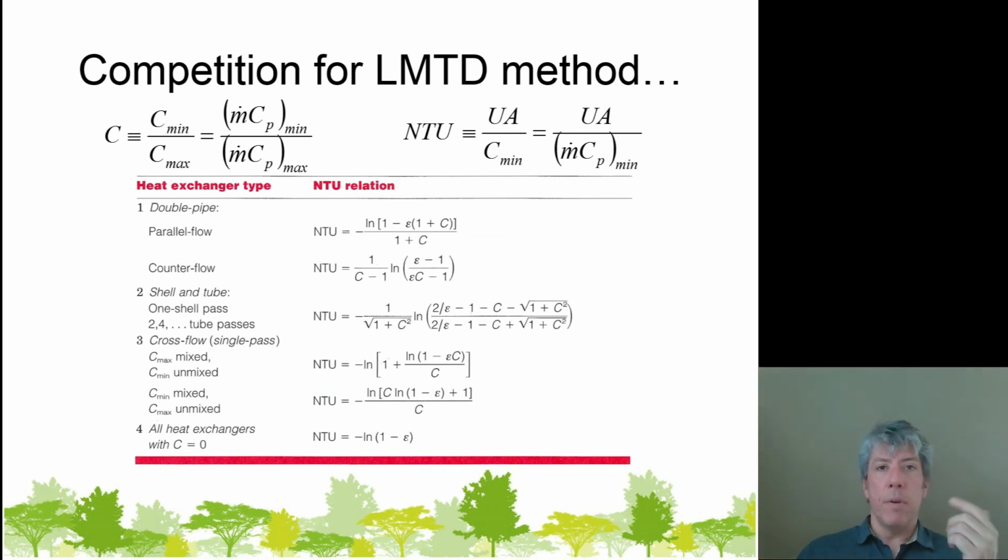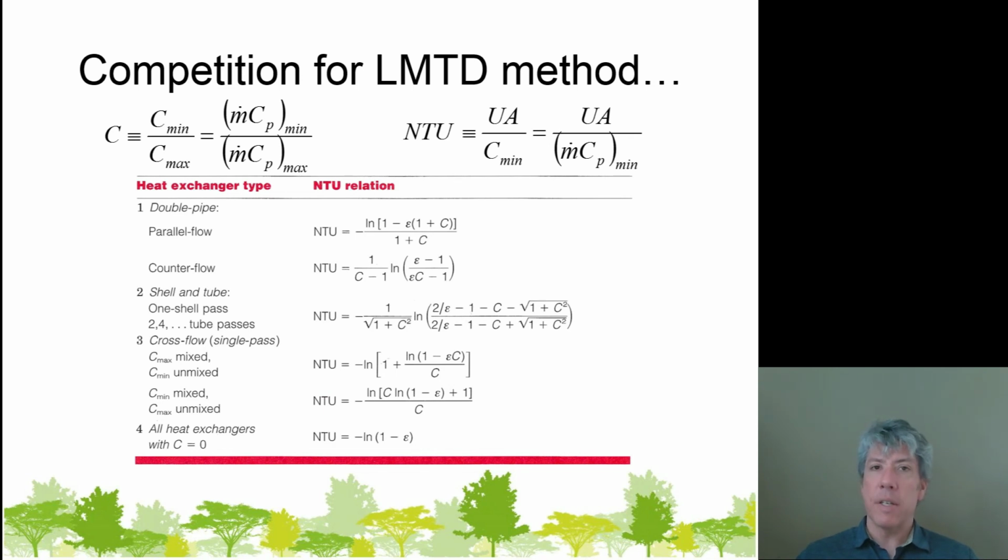Well, think about it. If you know the fluids that are flowing, you can calculate the capacity rates for both sides, right? You can figure out which one's max, which one's minimum. That means you can get the capacity ratio C. You can also actually calculate the heat transfer rate that you desire, right? Because if you know the entering and exiting temperature of a stream, you know the flow rate through the hot side or the cold side, you can calculate the rate of heat transfer. You can also calculate the maximum theoretical rate of heat transfer, Q dot max, because you know both the hot stream and cold stream maximum temperatures around the heat exchanger, and you know the minimum capacity rate.